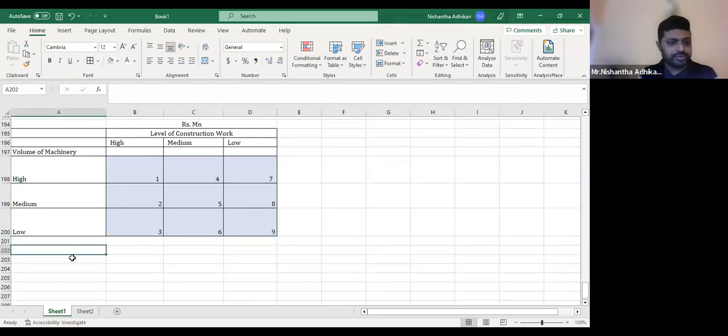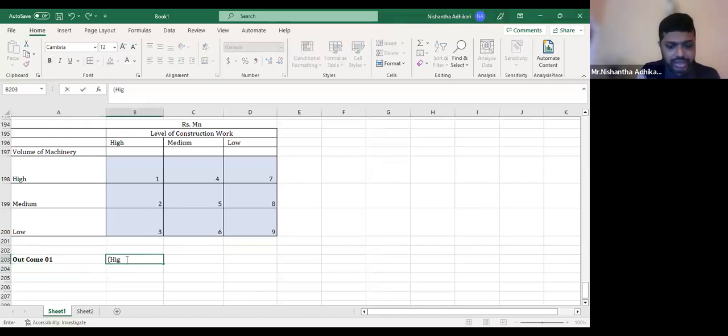Now outcome 1: high volume, high level of construction work. This is the arrangement.